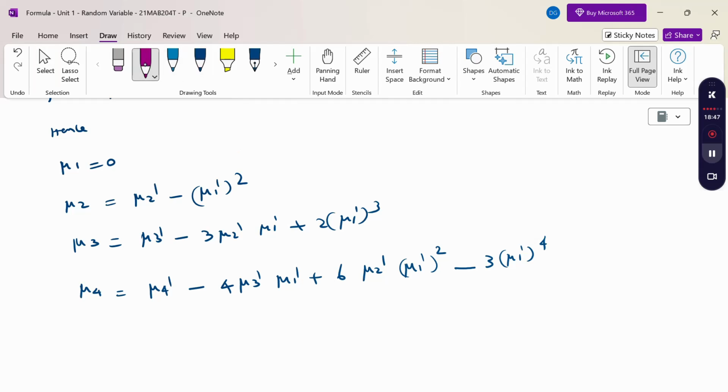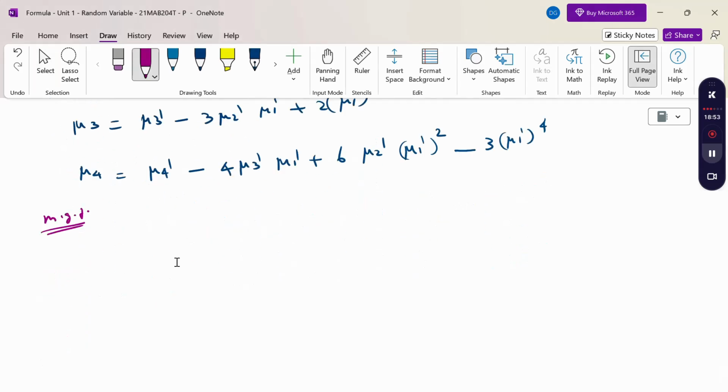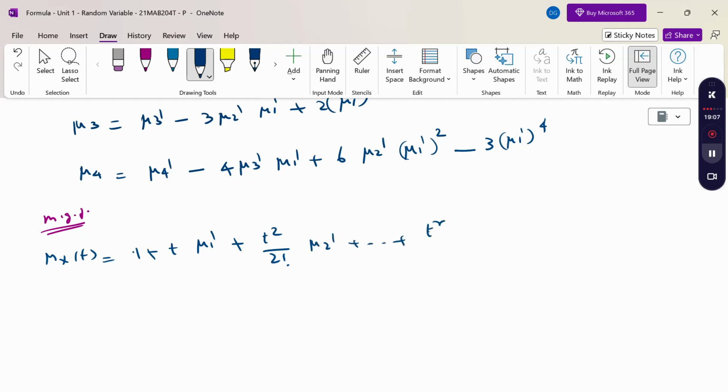And some properties of moment generating function. The MGF is nothing but M x of t equal to 1 plus t mu 1 dash plus t square by 2 factorial mu 2 dash, and then t power r by r factorial mu r dash, and so on.